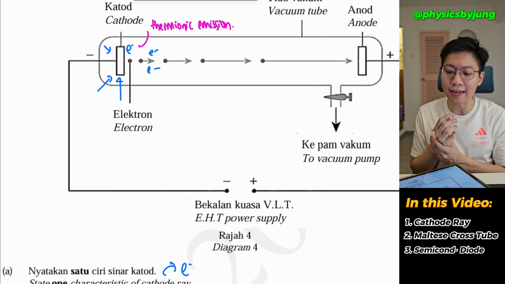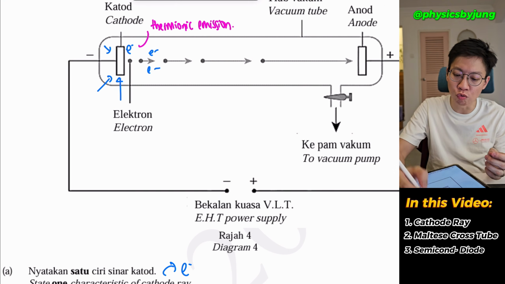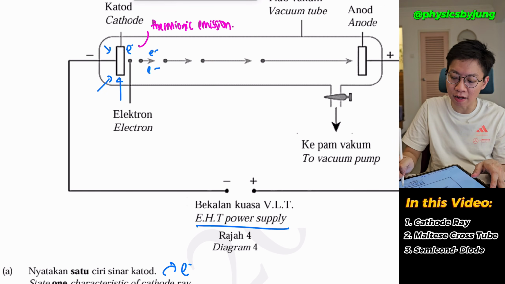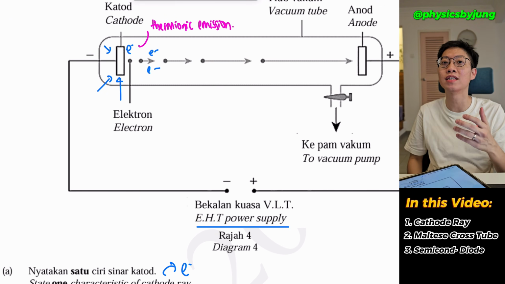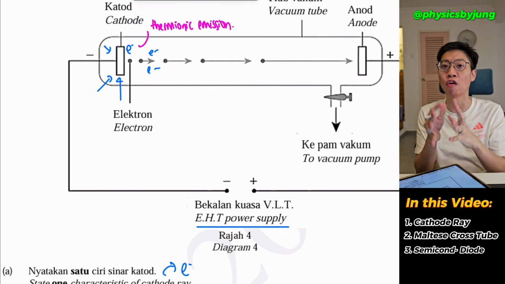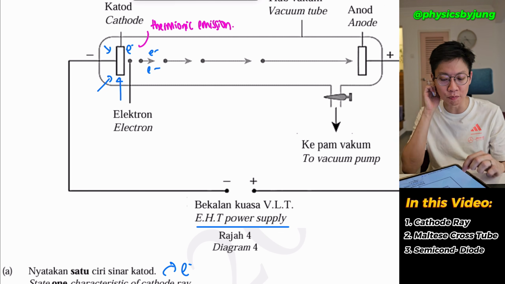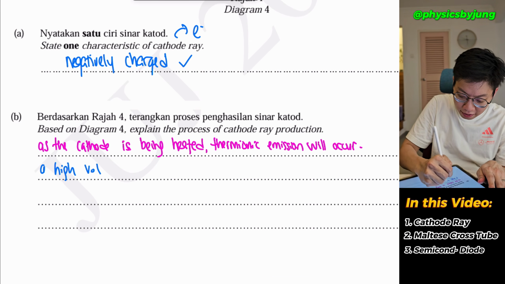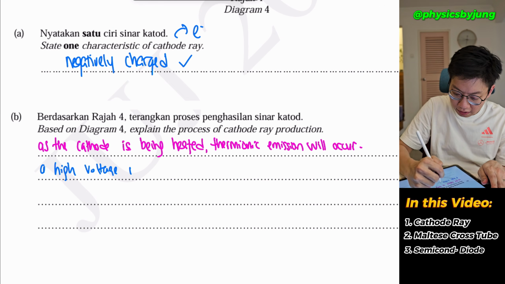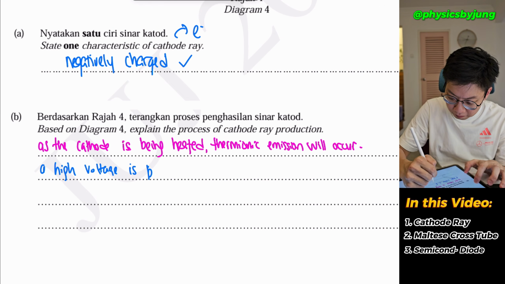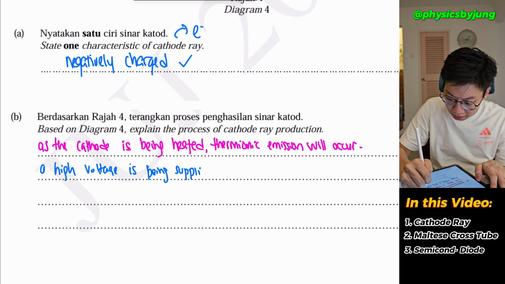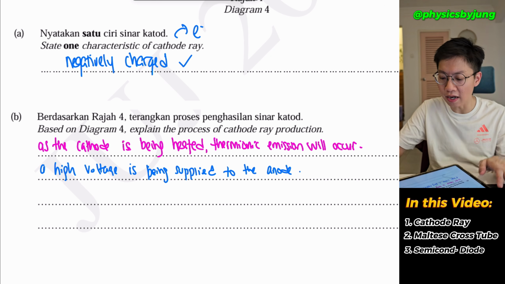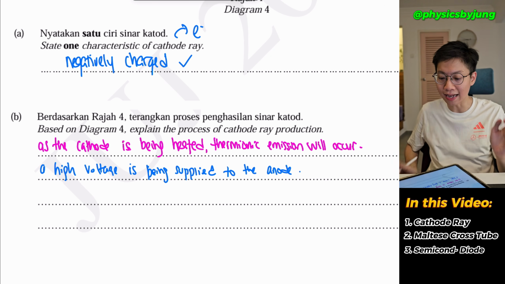How will your electrons know that they have to move all the way to the anode? So this is where we will say that there will be a high voltage power supply. EHT actually stands for extra high tension, but we will just say high voltage power supply. Then we will say that a high voltage is being supplied to the anode, or you can say across the anode and cathode.